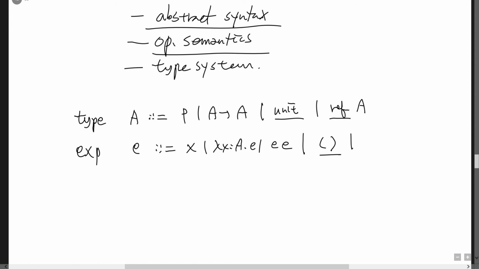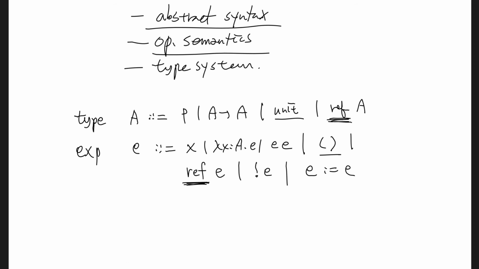And the three corresponding language constructs are this reference, ref A. Notice that we reuse the same keyword in different contexts in the definition of types and also in the definition of expressions. And this is now ref E. We have this dereference, bang expression E. And finally, we have this assign. So that's the new language construct for mutable references.